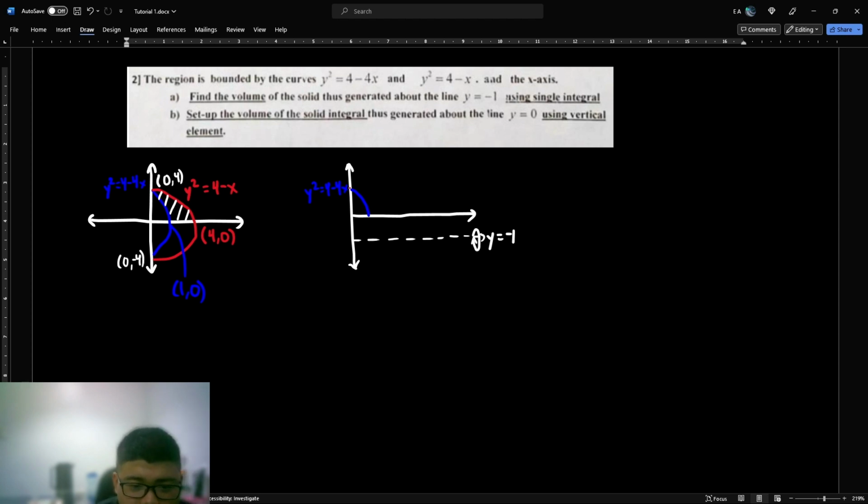And this is our y squared equals 4 minus x. Again, the drawings are not to scale. So our area would be like this. If we want to have a single integral, what we're actually going to be using here is the horizontal element.